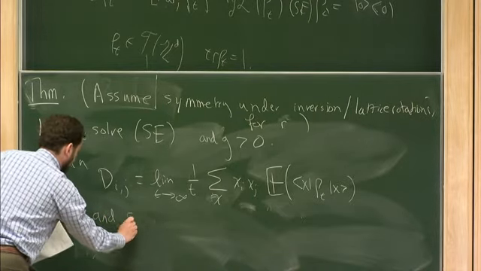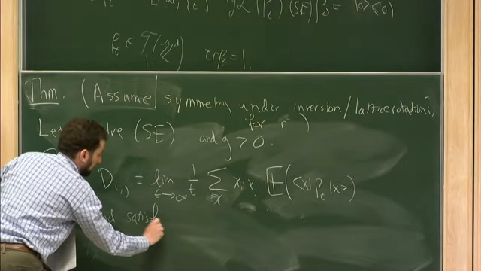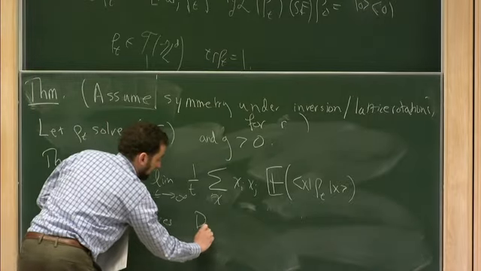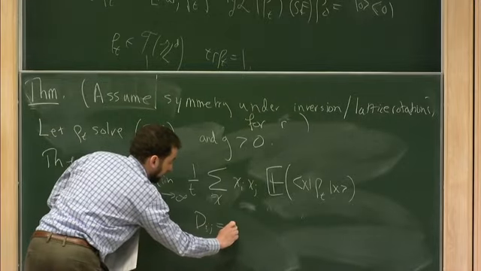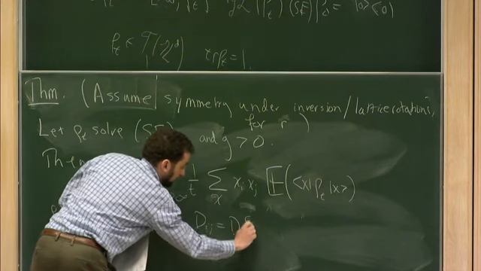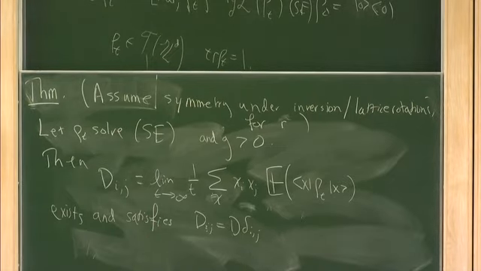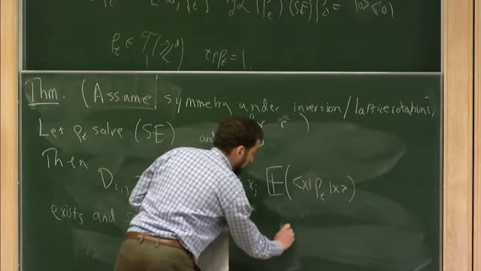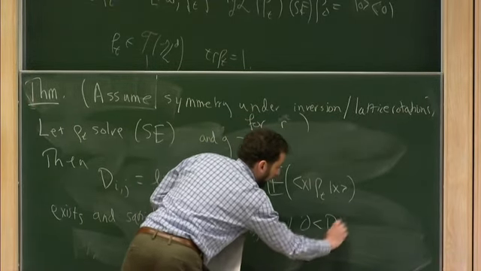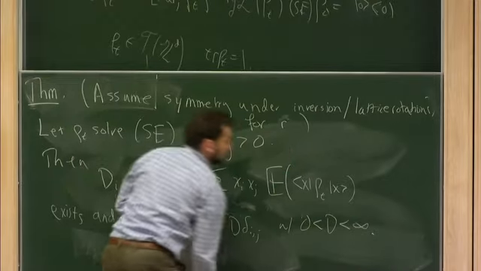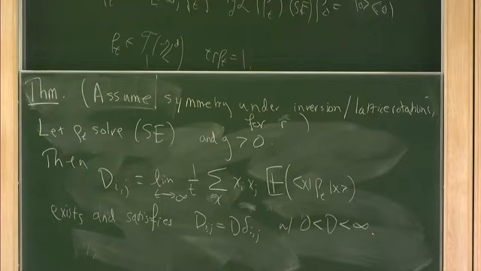And it satisfies, first of all, by the symmetry that I imposed, because of the symmetry under inversions, it's actually diagonal, and it's a multiple of the identity. And this diffusion constant is finite and positive.